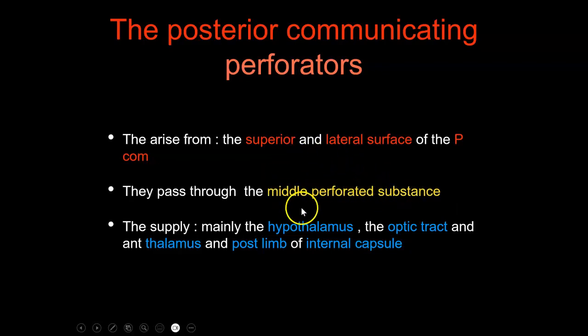And also they supply the hypothalamus, optic tract, thalamus, posterior limb of the internal capsule. It's not important to know every single supply, but you should know that this is supplying the medial part, which includes the hypothalamus, the optic tract, optic chiasm, the thalamus, and the internal capsule.